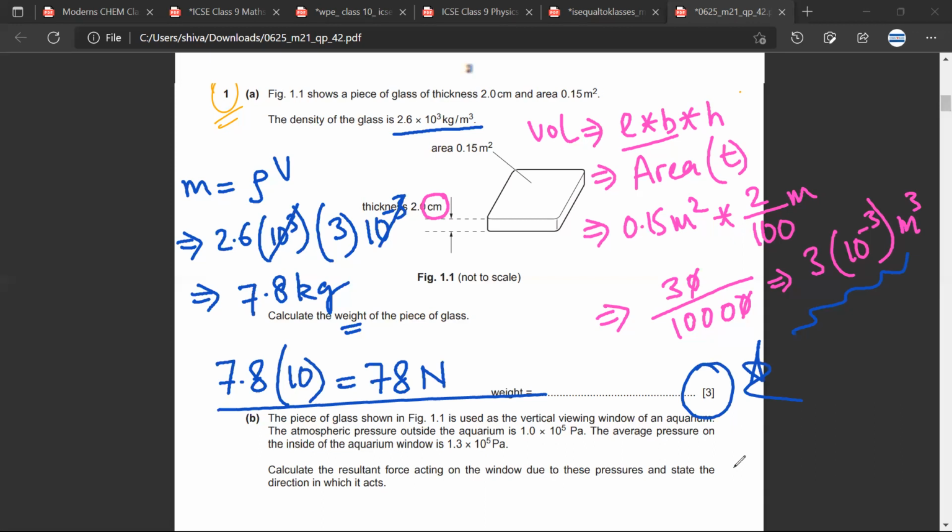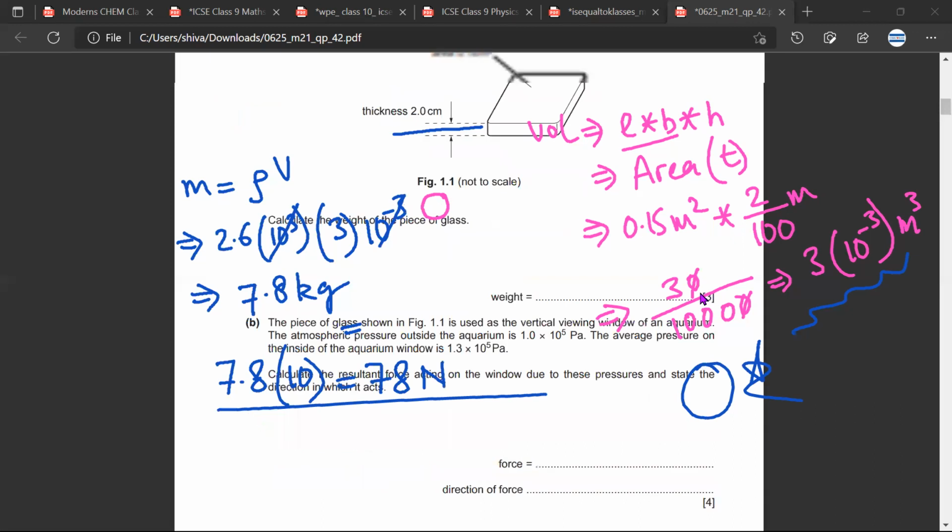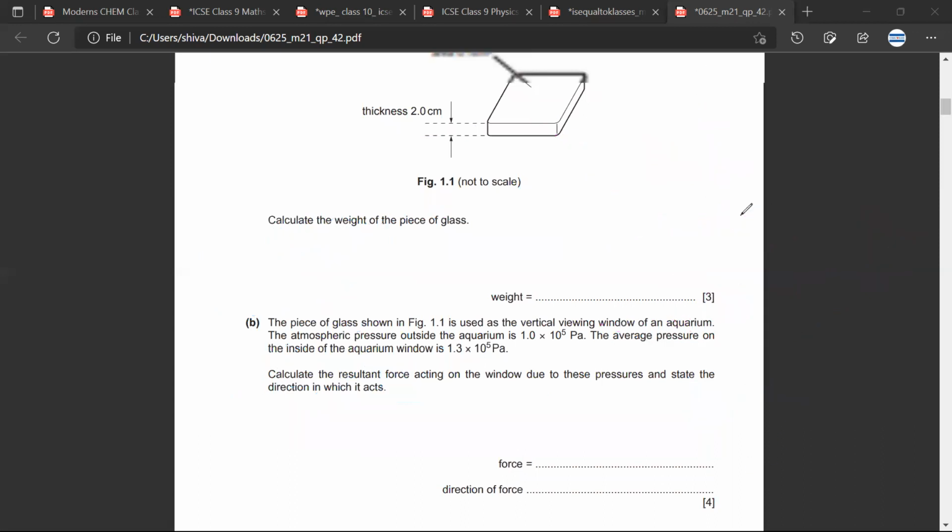No, sir. Now let us look at the next part. I don't think I require anything from this. So, okay. Now this glass is used as a vertical viewing window of an aquarium.